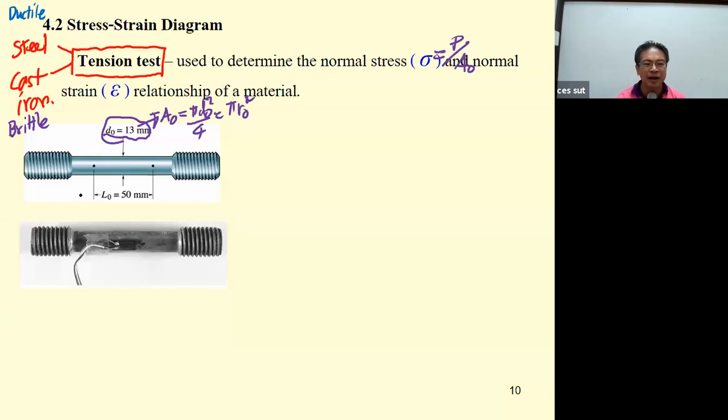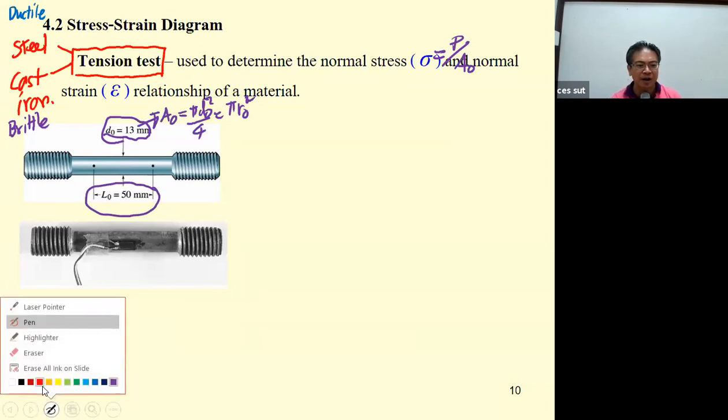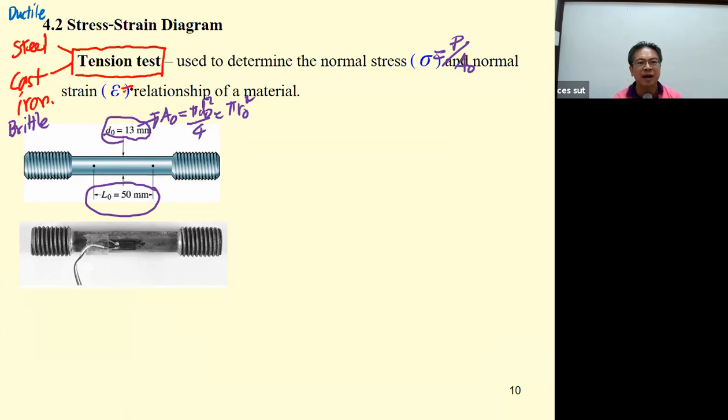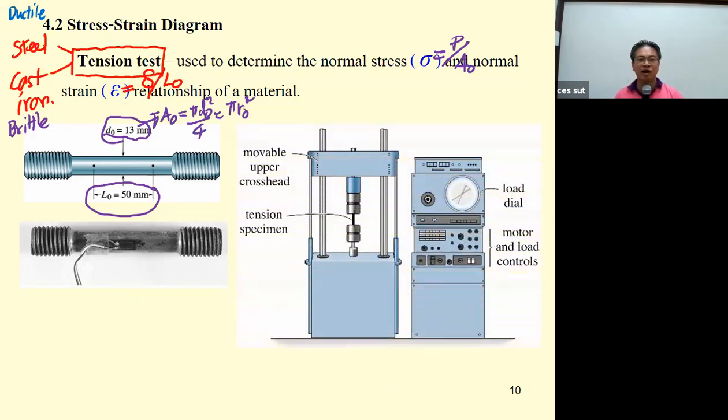And again, during the test, the specimen will elongate. Usually, we must measure the original length. And then during the application of the force, the strain can be computed by the elongation divided by the original length.